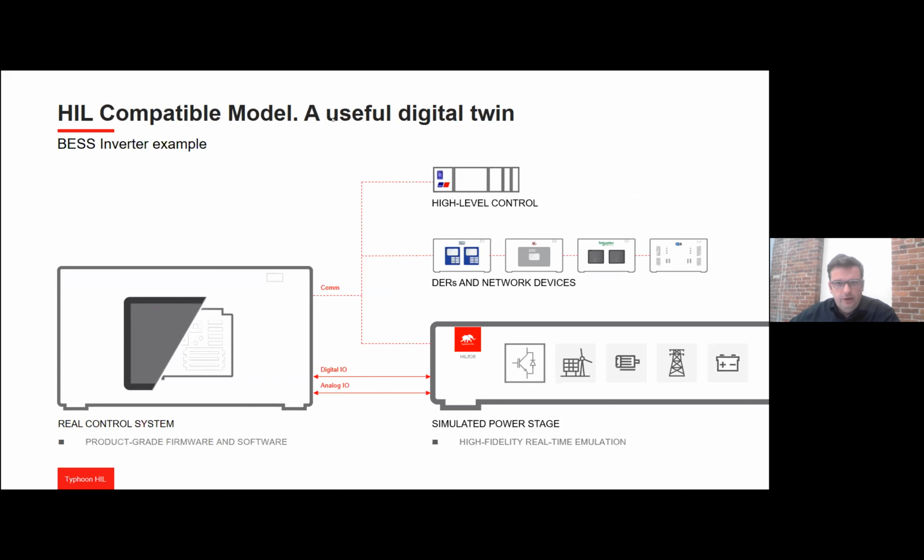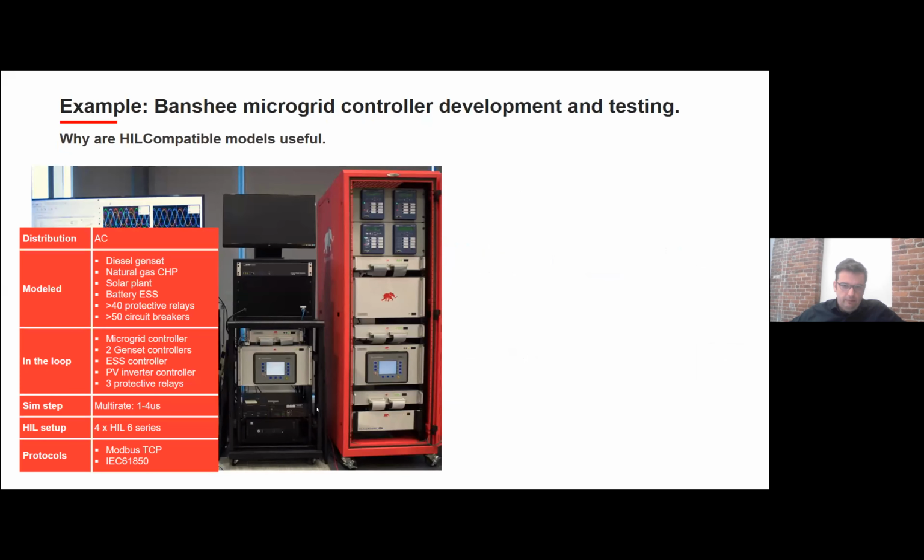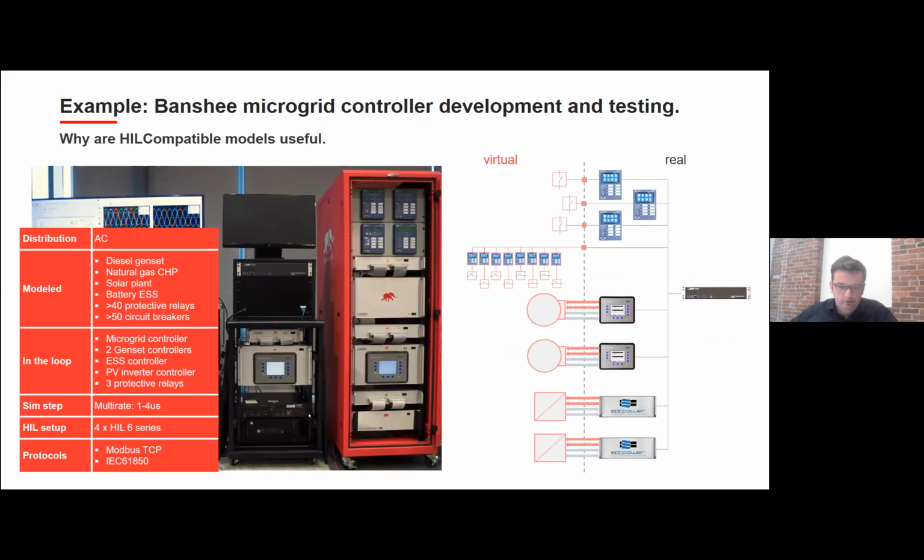This concept of a useful digital twin that survives beyond the design and development of the control stage into the life cycle is something we think is very useful, and hopefully will help us accelerate development and deployment of some of the control strategies and controllers developed during this project.